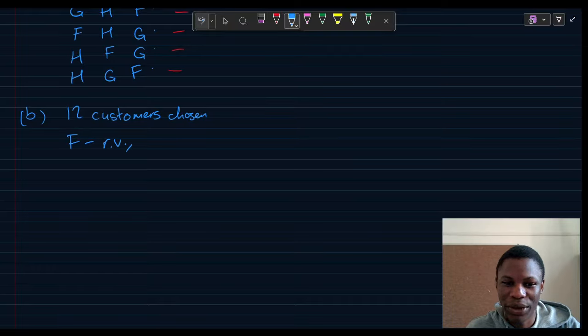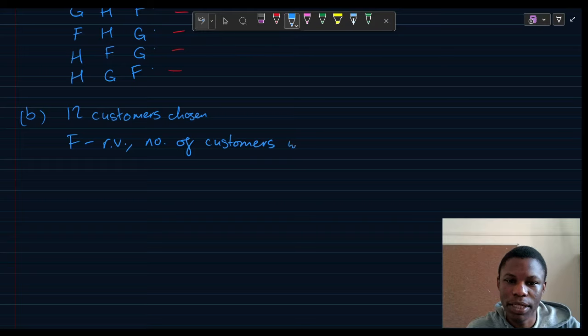the random variable. We need to define what our success is. So we are counting the number of customers that buy a computer from company F. So buying a computer by company F is a success for us.